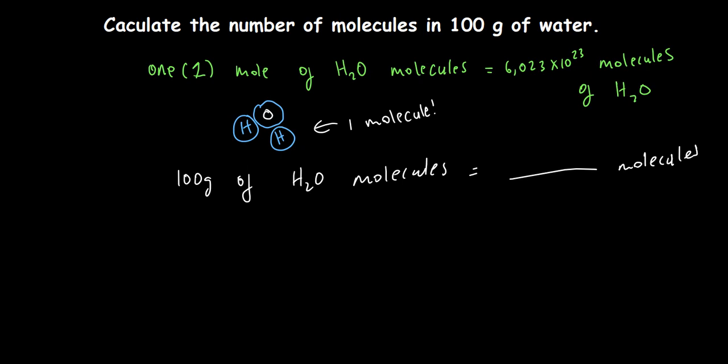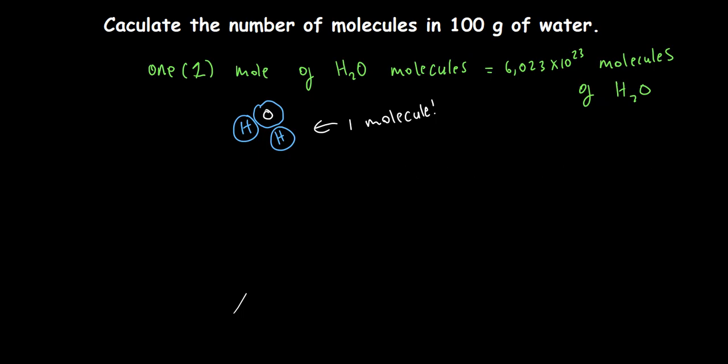No, I cannot say that because we measure in moles. We don't use mass to get the number of molecules. I actually need to know the number of moles of water that I have. So how do we calculate that?